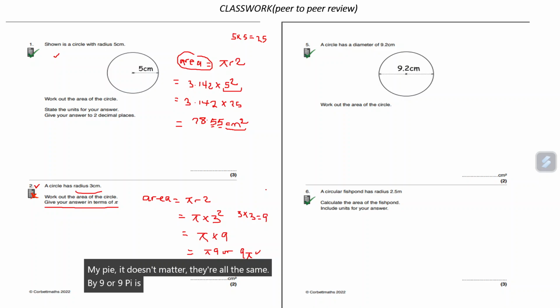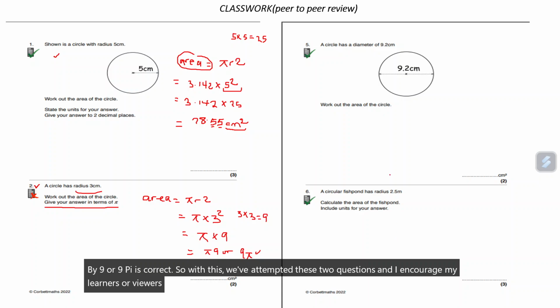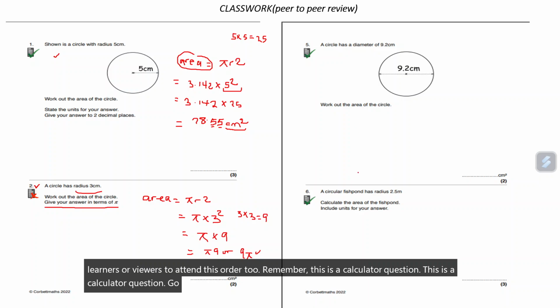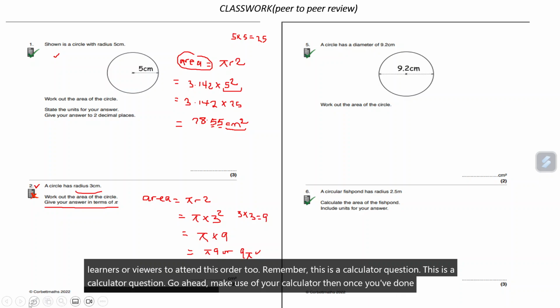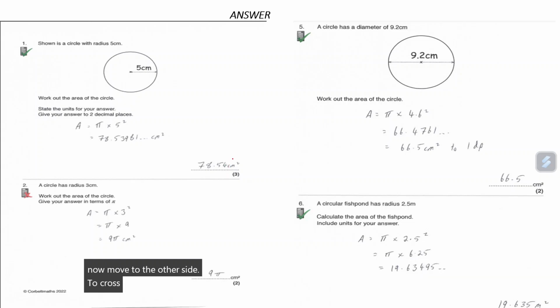So with this, we've attempted these two questions, and I encourage my learners or viewers to attempt these other two. Remember, this is a calculator question. Go ahead, make use of your calculator. Then once you've done that, you can move to the other side to cross-check your answer.